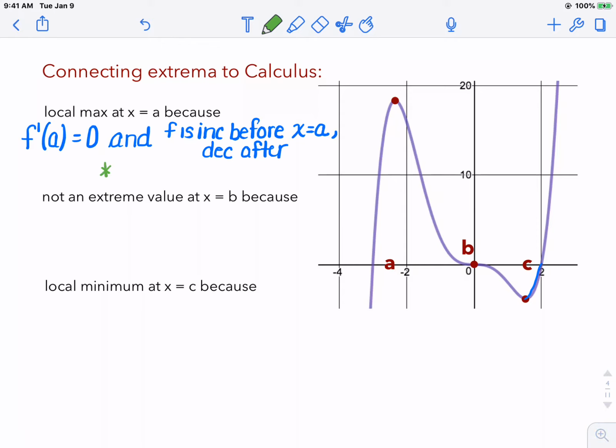So our calculus reason would be that it's a maximum because f prime changes from positive values, not from increasing, to negative values at x equals a. And now we're talking about what the rate of change is. The rate of change was positive, and then it became negative, so therefore we have a maximum.